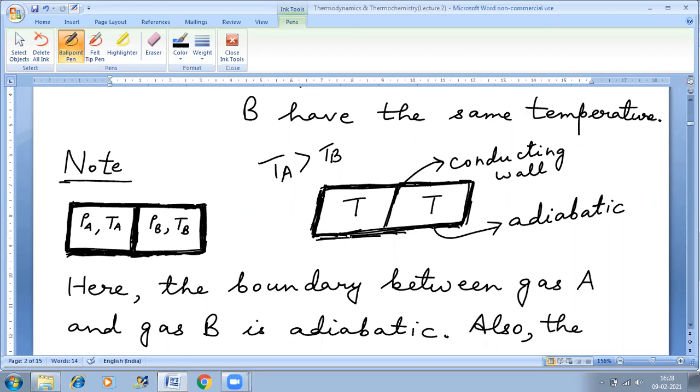So now the temperature is the same in both the compartments. Now also I will say that the system is in thermal equilibrium because the temperature is again constant. There is no further change in temperature. So now the common temperature throughout the system is T.